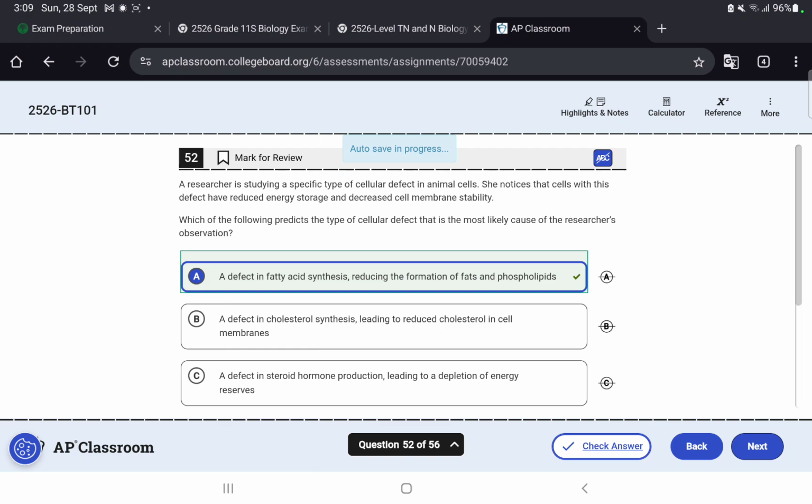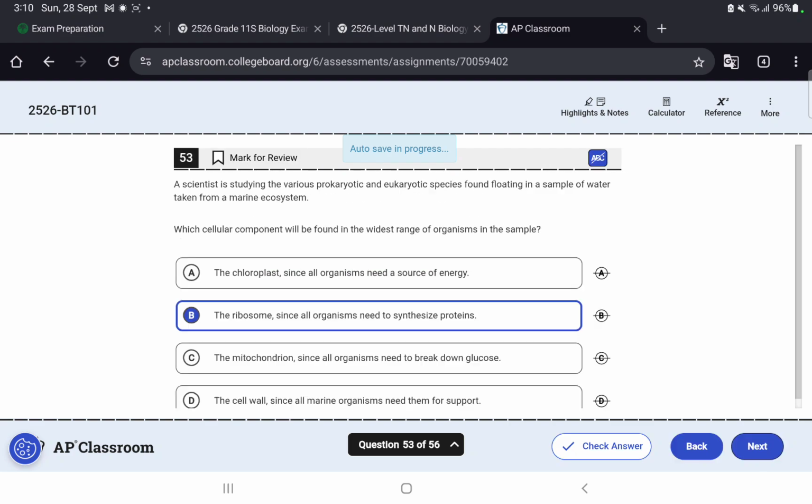Because she notices that the cells have reduced energy storage and decreased cell membrane stability, and the thing that gives the cell membrane stability is phospholipids, and reduced energy storage is also due to fats, which is how we store our long-term energy, through fats, and phospholipids is the thing that gives our cell membrane its stability. Okay, which is why there was a defect in those two.